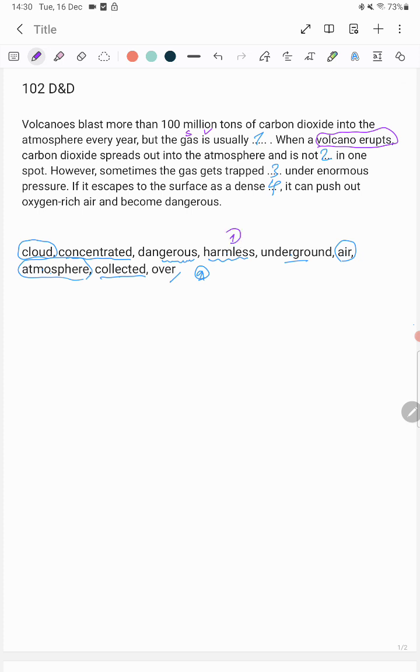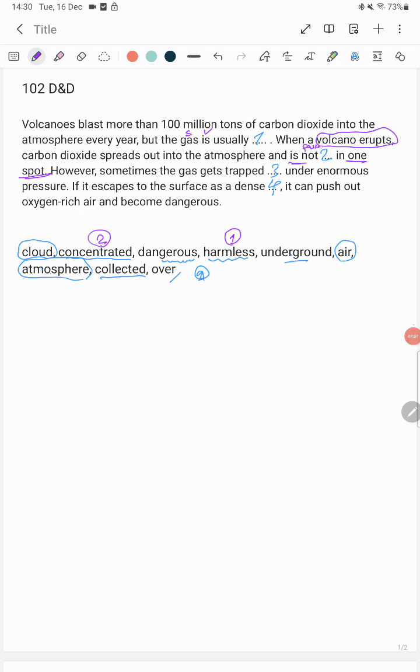Carbon dioxide spreads out into the atmosphere and is not in one spot. Which is the word? Concentrate in this spot. It's the best word for this blank. We need the passive.